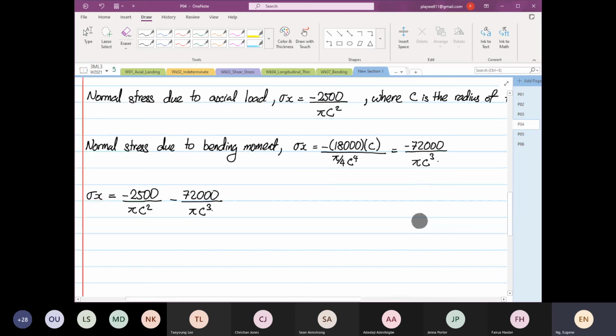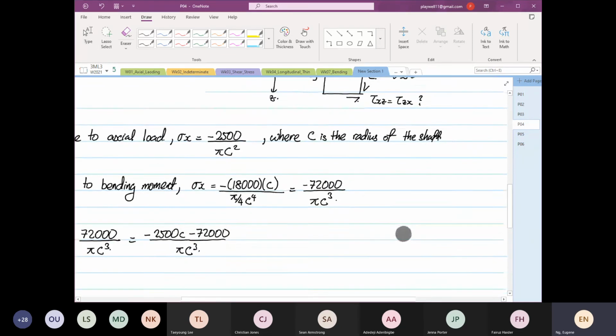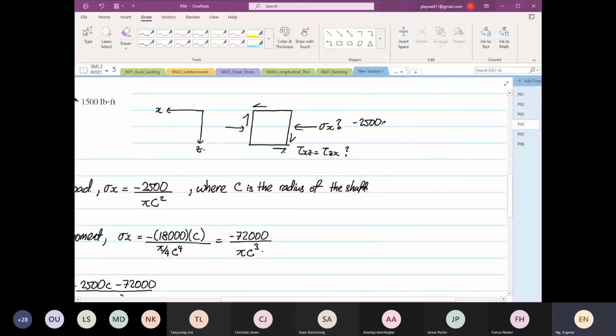Let me simplify it further. This will be equal to minus 2,500 c minus 72,000, and then this whole thing divided by pi c cubed. So I just bring over c, minus 72,000, divided by pi c cubed.